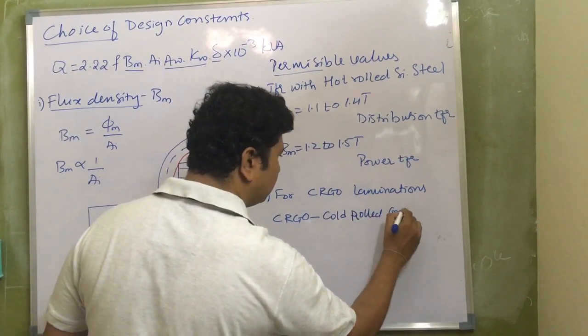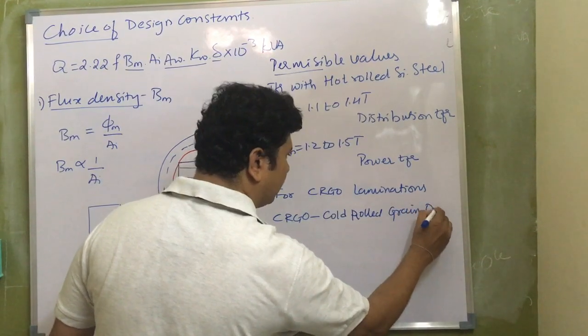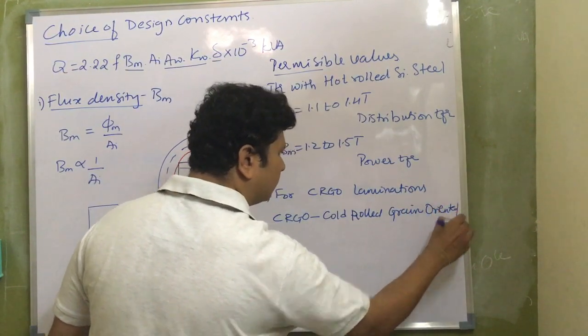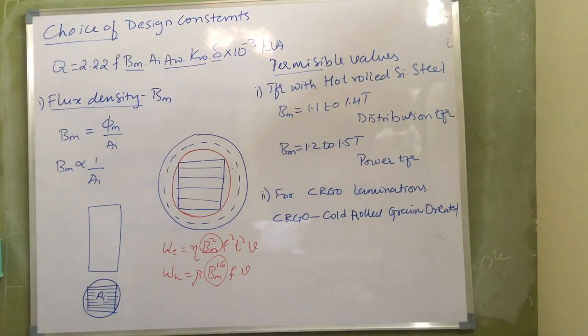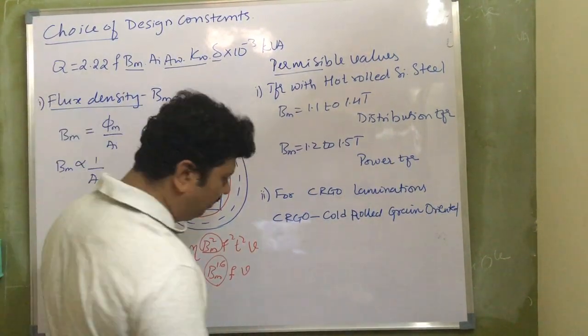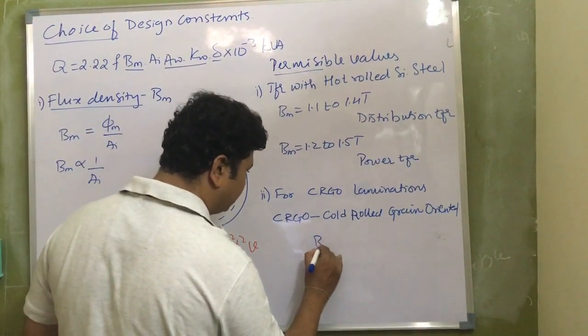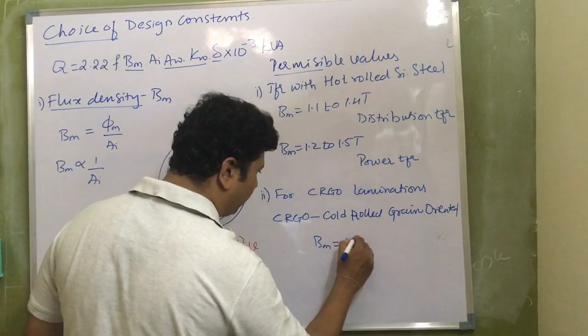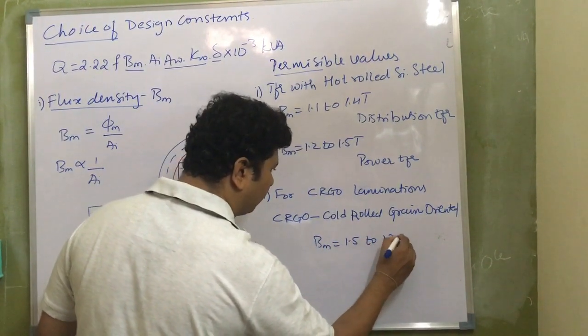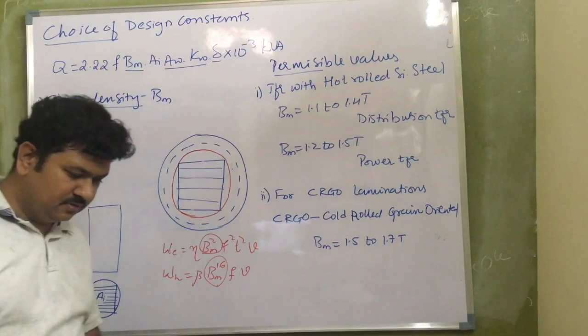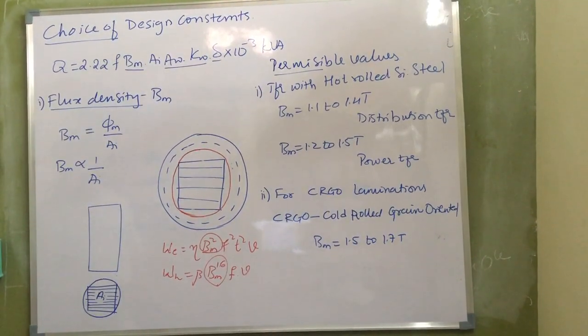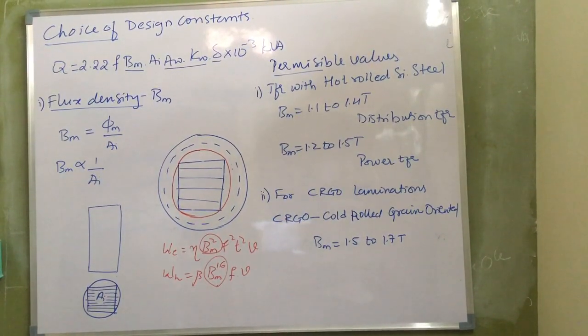For CRGO silicon steel laminations, I can go a slightly higher side. So Bm is equal to 1.5 to 1.7 Tesla. So one is hot rolled steel, one is cold rolled steel.